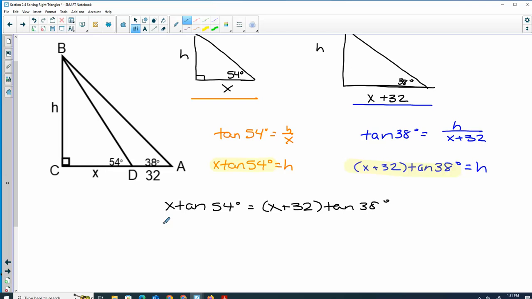If we distribute, the tangent of 54, we can't change that, so anything you multiply with just goes in front. Same thing with tangent of 38. So it's X tangent of 38 degrees plus 32 tangent of 38 degrees.